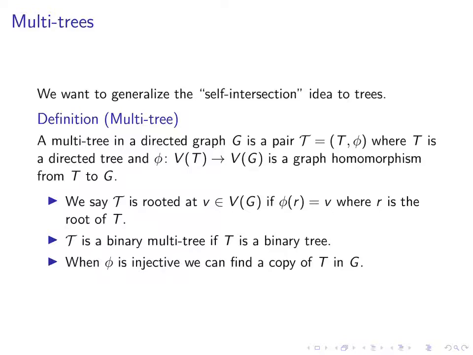If the given tree is a binary tree, then in the given graph, the multi-tree is also binary. And we can see that if the graph homomorphism is injective, then we can find a copy of the given tree in the graph G.